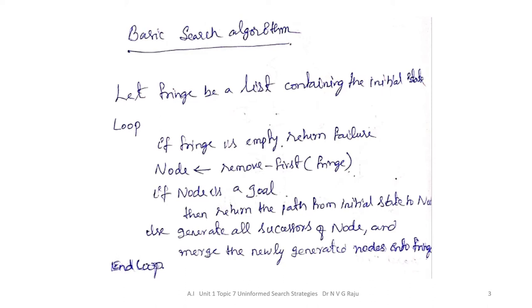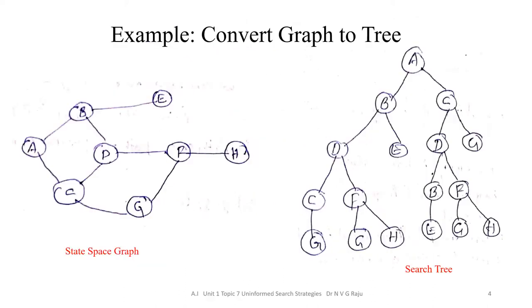We are going to use the basic search algorithm in breadth first search and depth first search algorithms. Let us consider an example of a state space graph where A is the initial node and G is the goal node, where we have to list all possible paths and try to eliminate cycles from the paths.